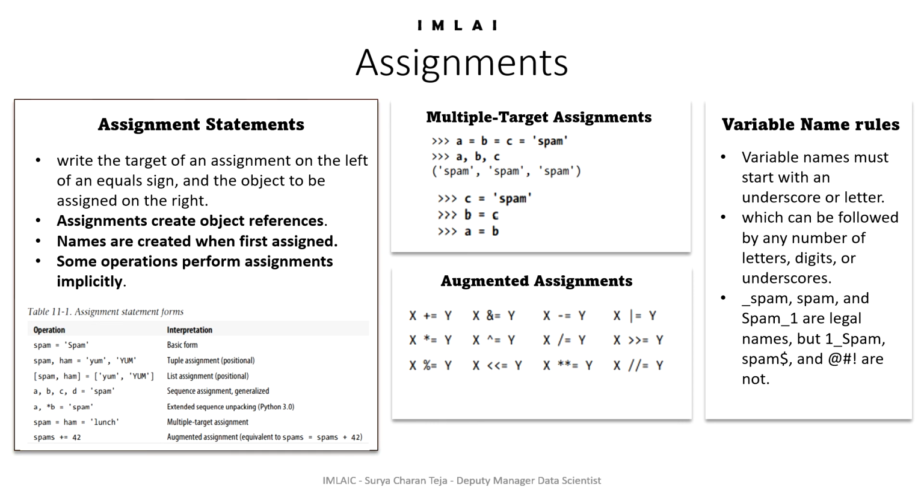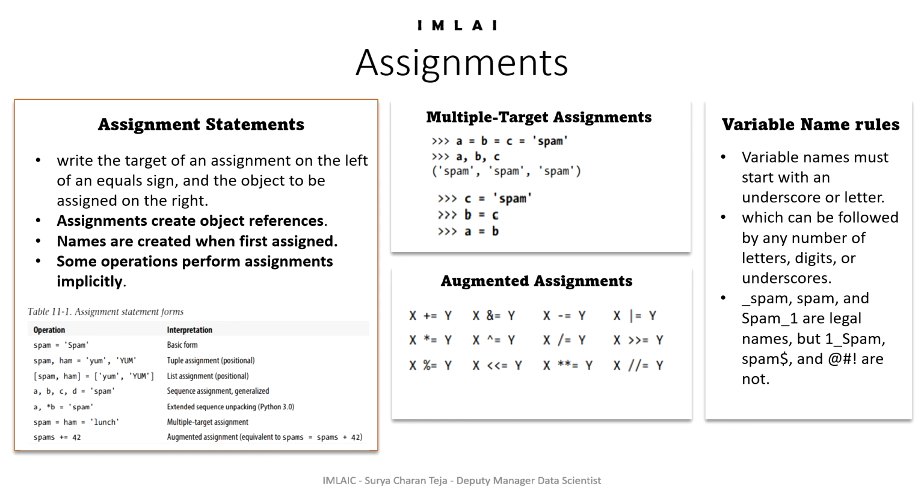Now the following are the different assignment statement forms. This is the most basic form: spam is our target, and another string object, 'spam', is our object on the right side.